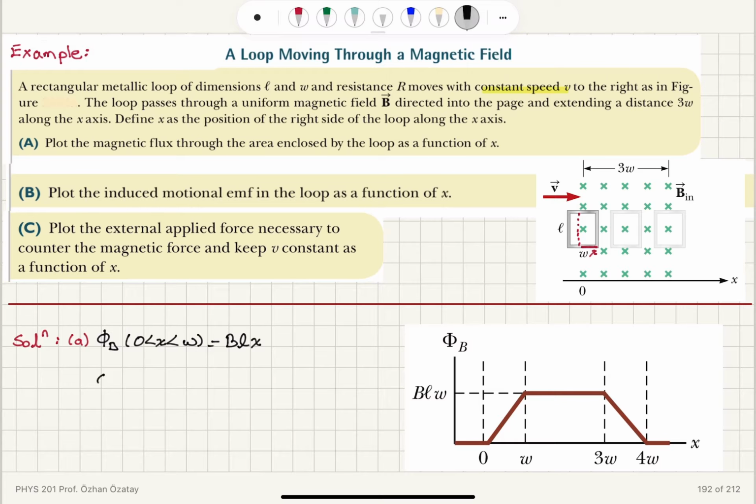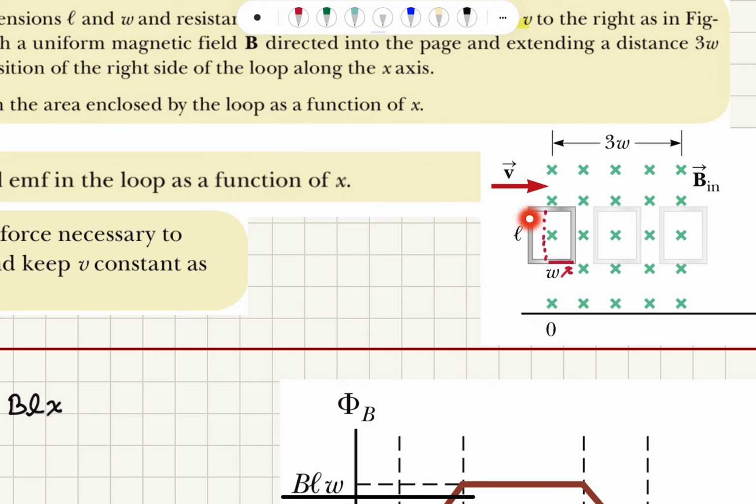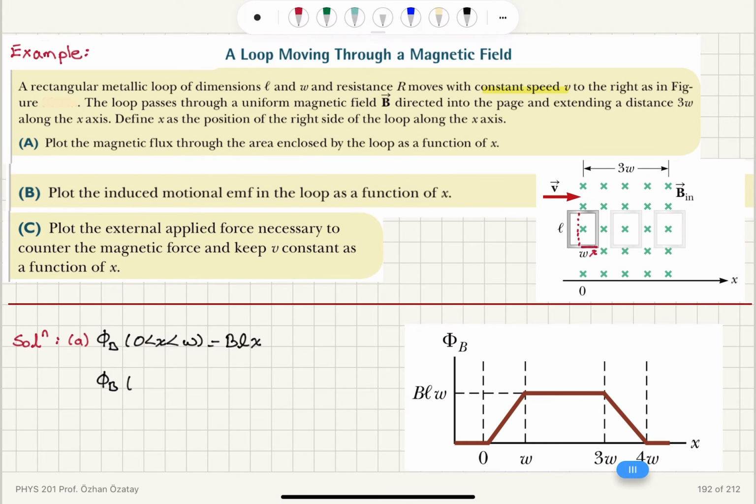Now, when it is completely inside, it's going to be BLW. You can see that all of the area will be inside this magnetic field. It will be BLW.